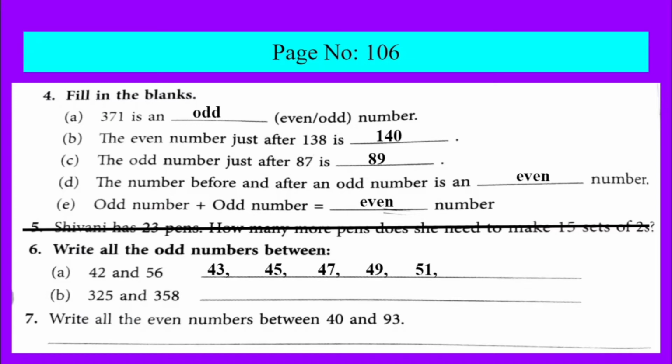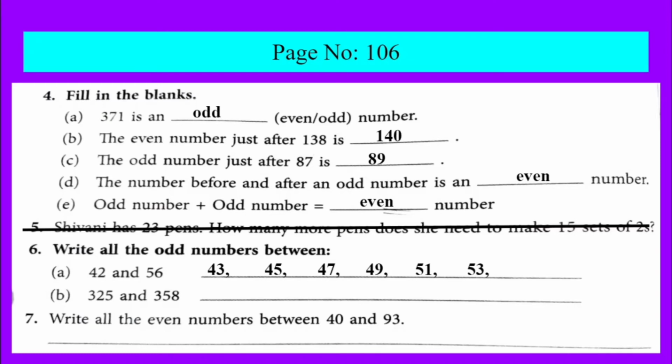So now which number comes after 51? 52. 52 is an even number, so we will not write it here. And after 52, 53. So is 53 an odd number? Yes, so we will write it here.